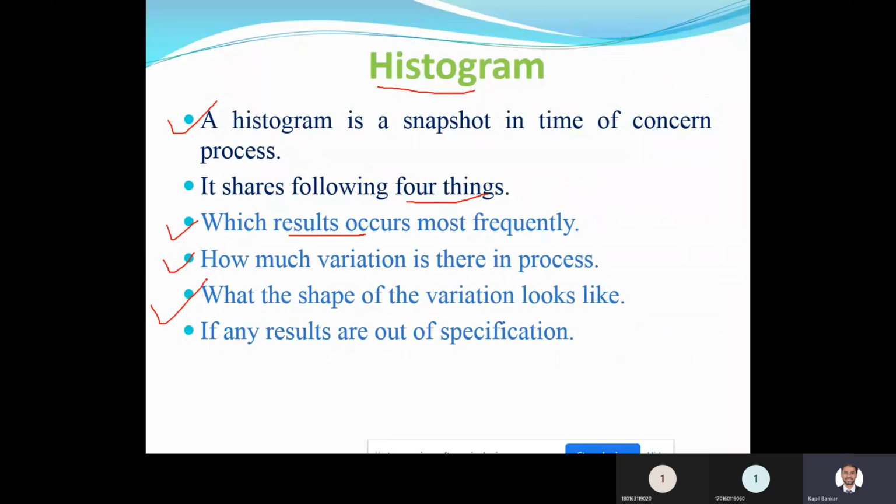Then third is what the shape of the variation looks like. Suppose this is your histogram, and here is one data point, here is another data point, here another, and this is another.